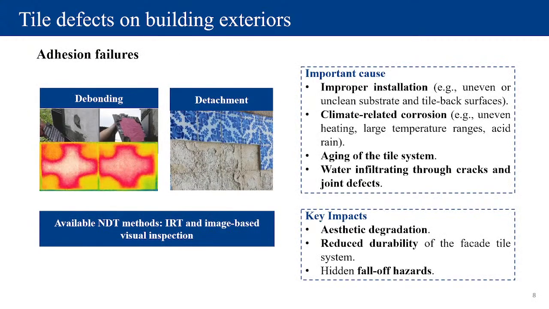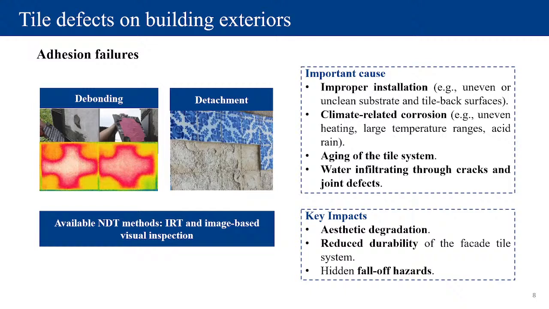And the third category of tile defect is adhesion failure, which refers to poor bonding between tiles and substrate, including debonding and detachment. We define debonding as the incomplete separation between tiles and substrate, while detachment refers to the complete separation and subsequently falling off.